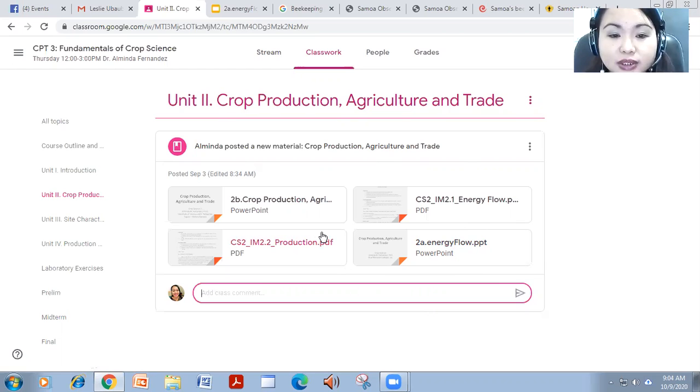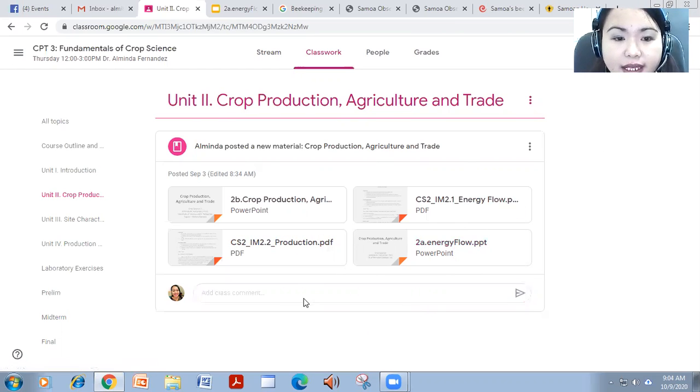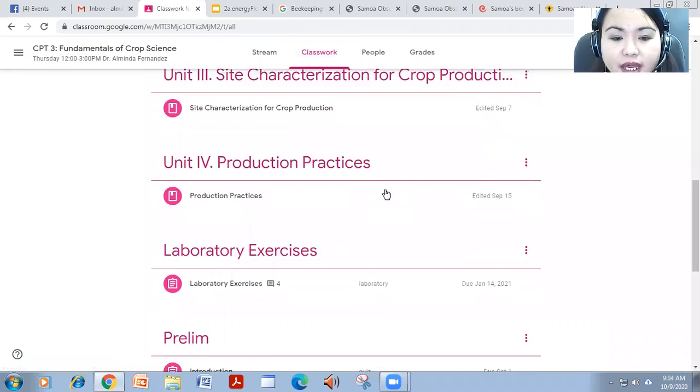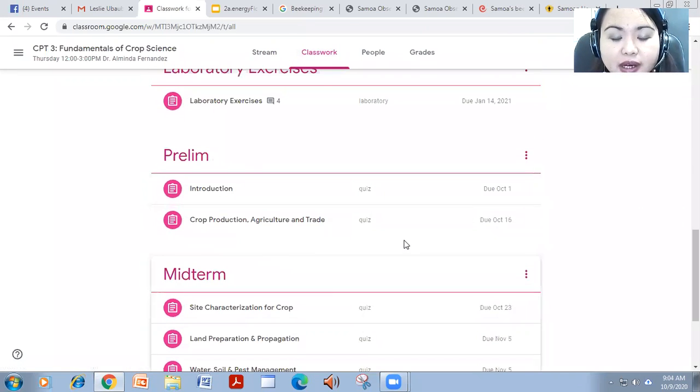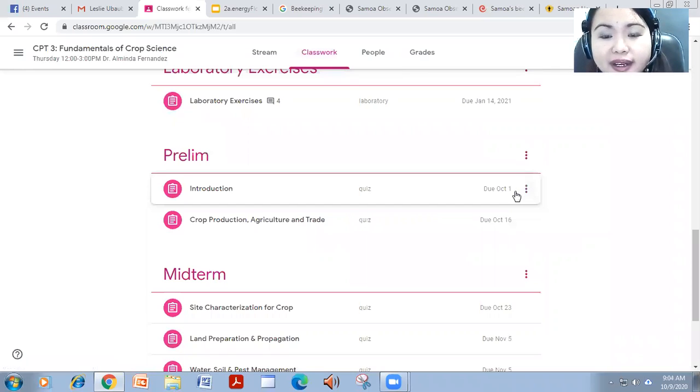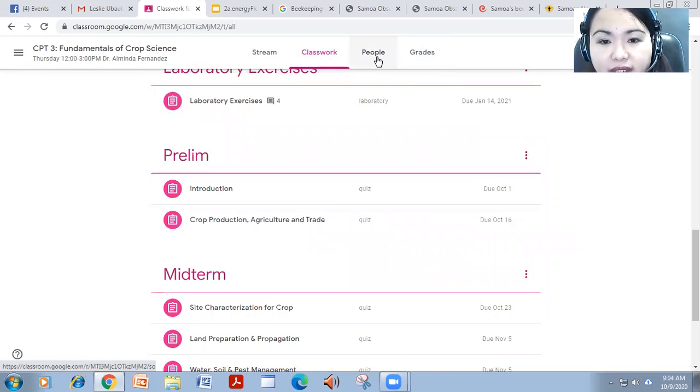Please also take note that I have just transferred all your quizzes under prelim mid. They are already categorized now. Under unit 1, the due date is over, and I hope you have submitted. Let me check if you have all submitted.